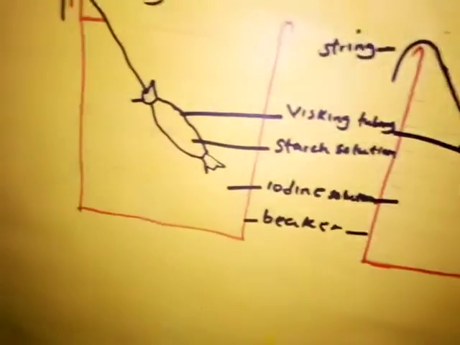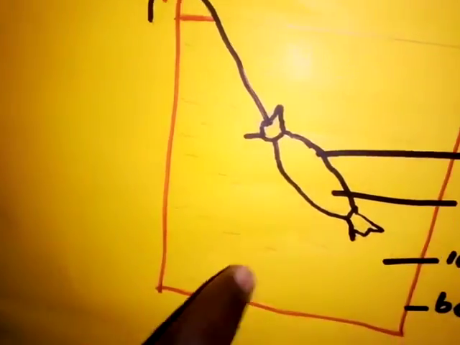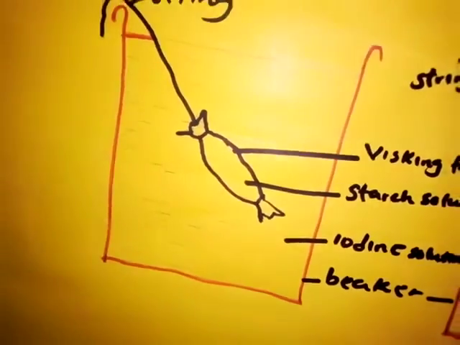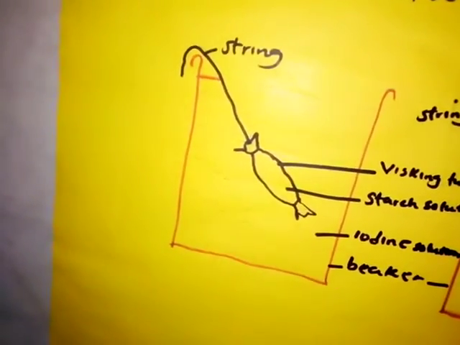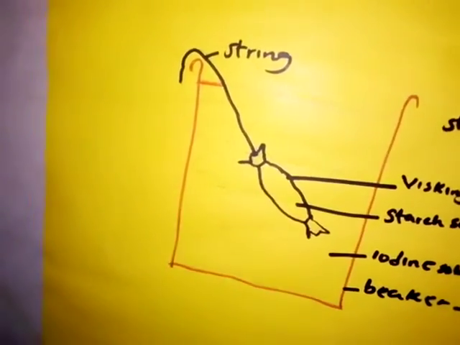Procedure: 1. Tie one end of the whisking tubing using the thread provided. So first you tie one end, then you pour starch solution into the whisking tubing about 3/4 full, then you tie the other end.